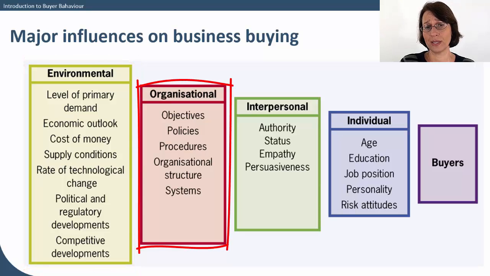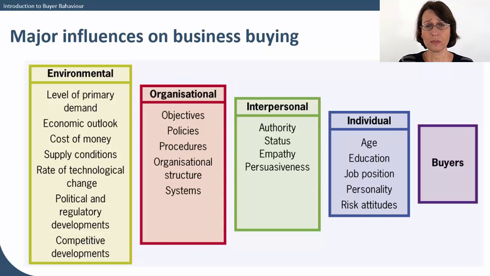And then we've got organizational factors, such as the setup of the business, what the company is trying to achieve, the policies and procedures that it's put in place. And obviously, from a personal buying point of view, there's going to be maybe a purchasing officer or a manager, and they might be influenced or swayed depending on the culture of the business and their personality.